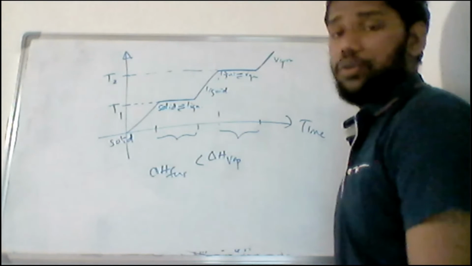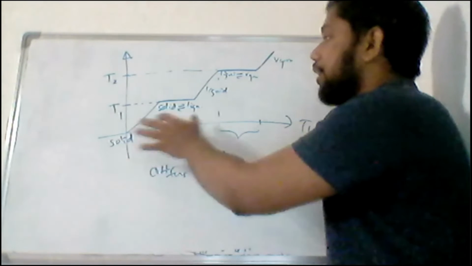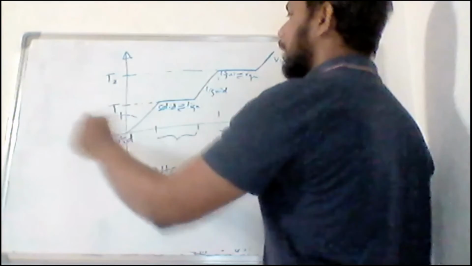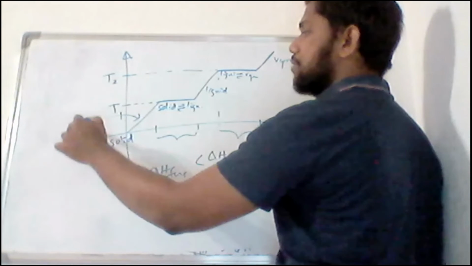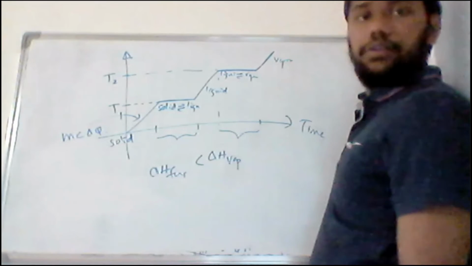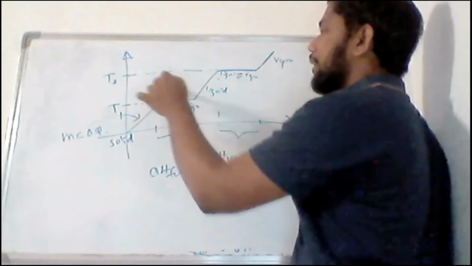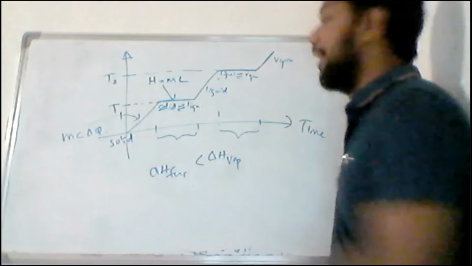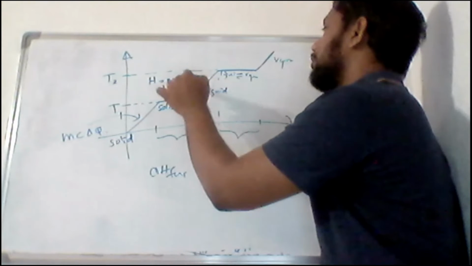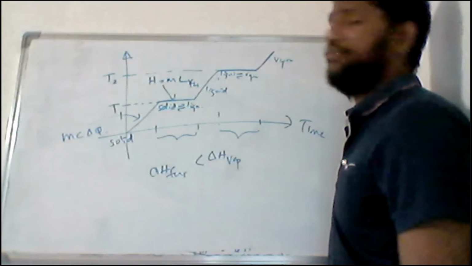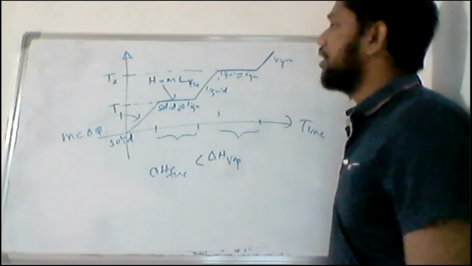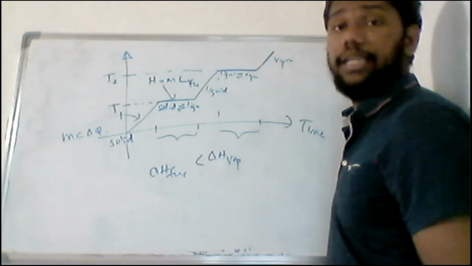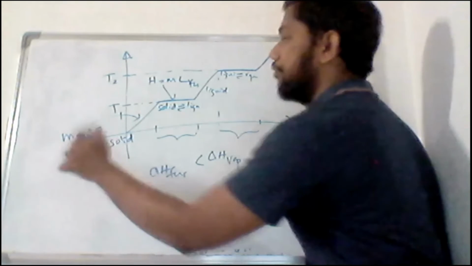In fact, if you know your physics, you should automatically understand this gap should be very large, because if you want to calculate heat here, you can use mc delta theta. And if you want to calculate heat in the phase change, you need to use H equals mL. Here L is the latent heat of fusion. We say L like the specific heat capacity, where we use C.